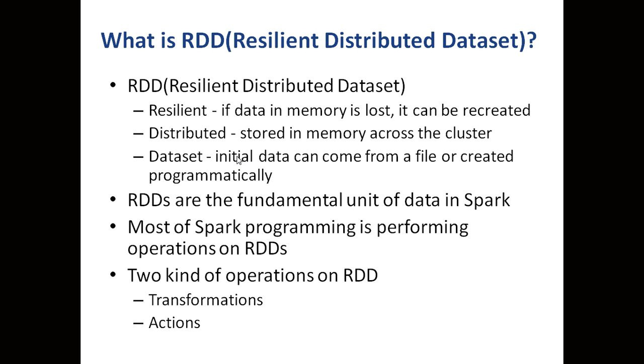The main abstraction in Spark is RDD, a resilient distributed dataset. Resilient means it's fault tolerant. If the data is lost, it can be recreated by using the history or lineage it maintains.